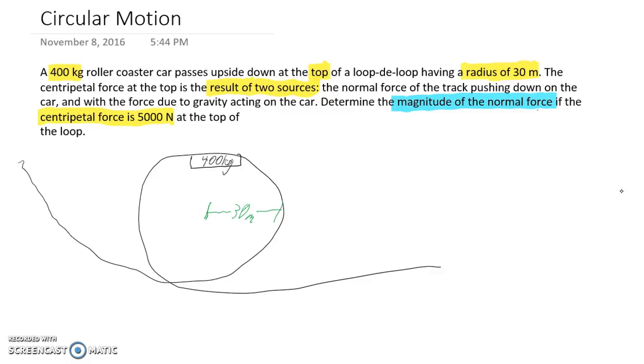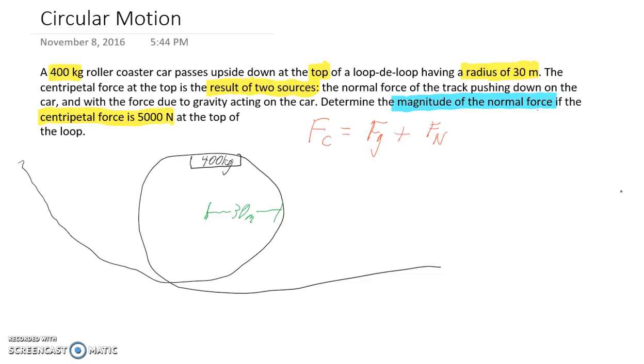So Fc equals the result of those two forces. It doesn't really tell us much, but it says something like Fg and something like Fn. They're somehow related.